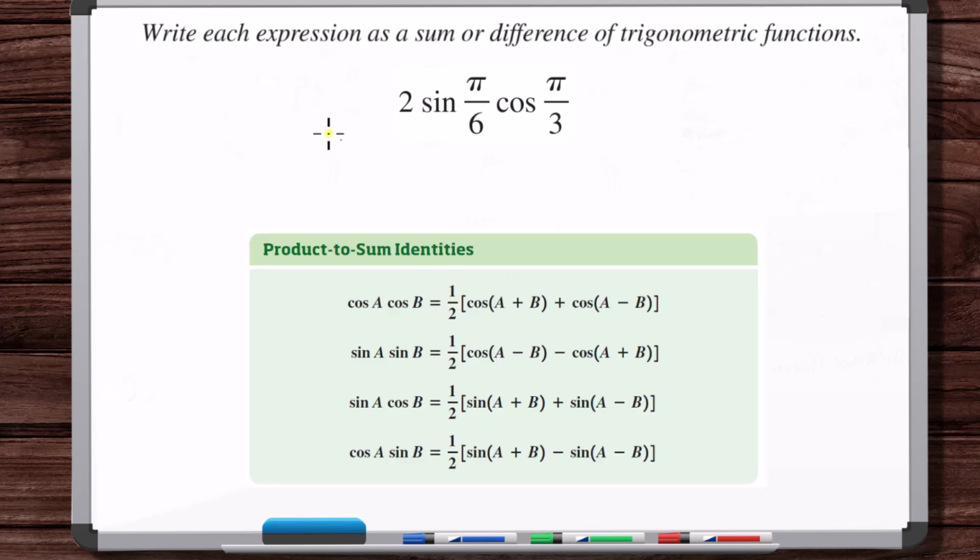Okay. So 2, we've got sine of pi over 6 times cosine of pi over 3. So sine times cosine, so we've got 1/2 times sine of (A plus B) plus sine of (A minus B).